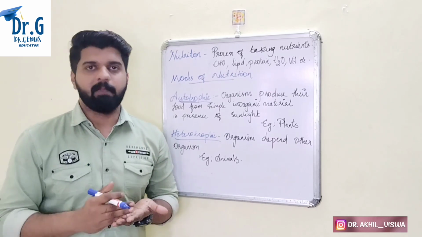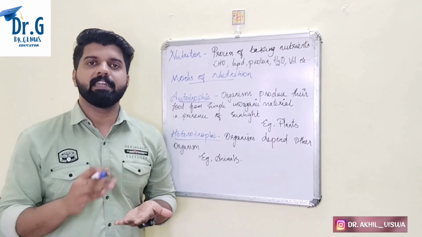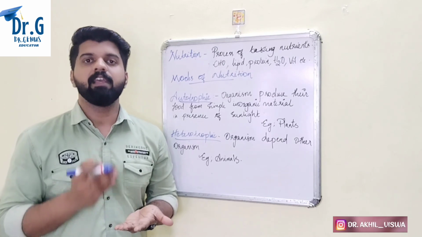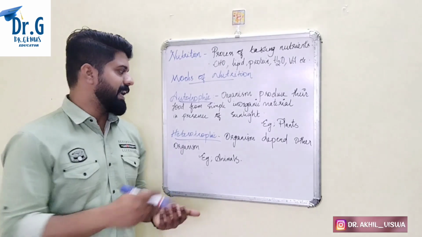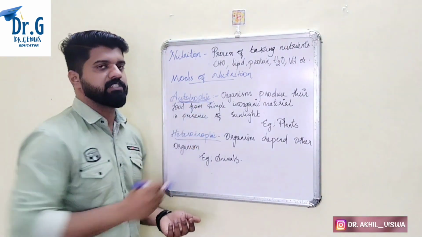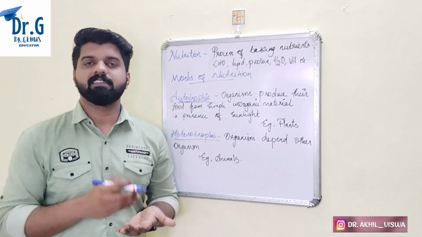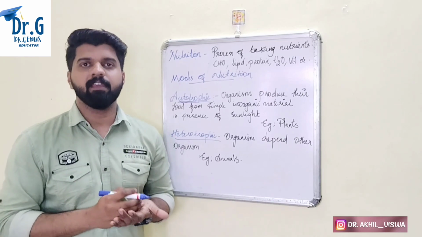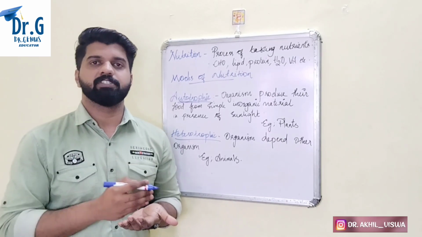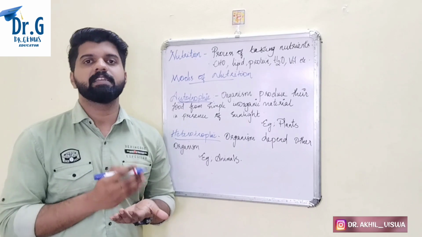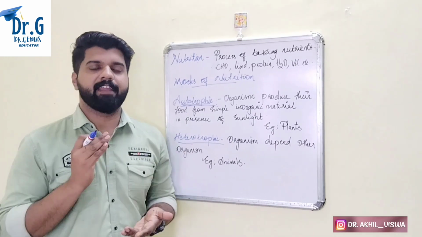For example, plants. All the plants, all the green-leaf organisms follow autotrophic nutrition. Here they are using certain materials, with the help of which the preparation of food material happens.